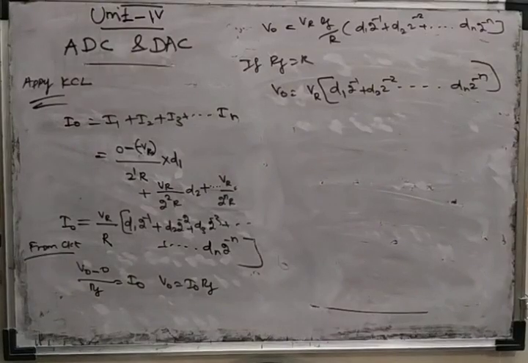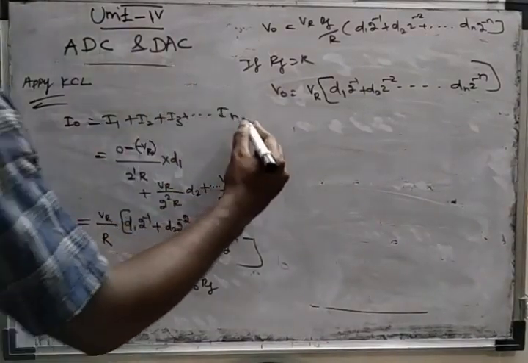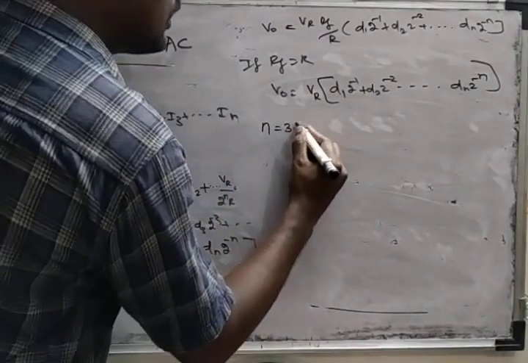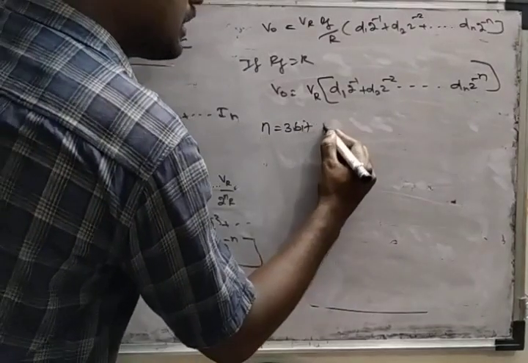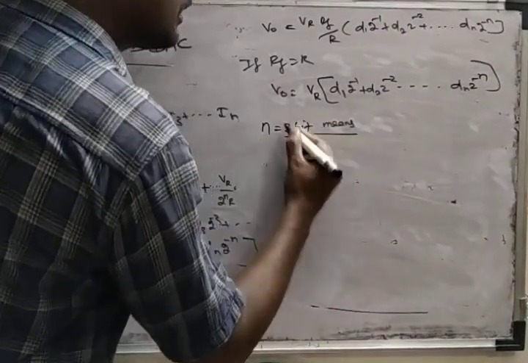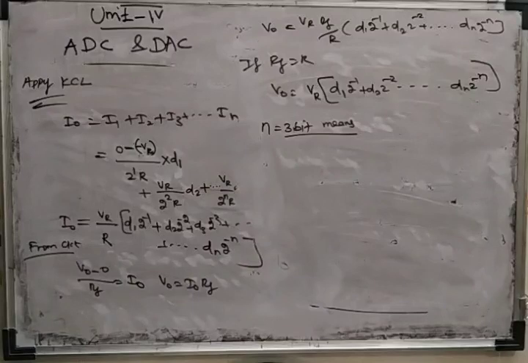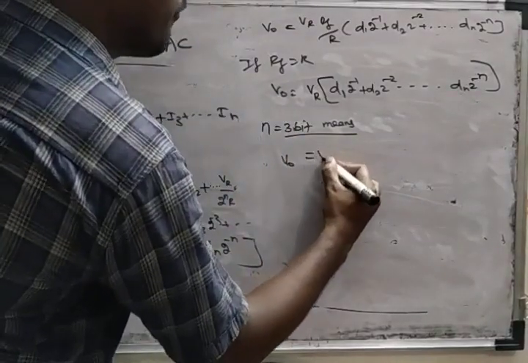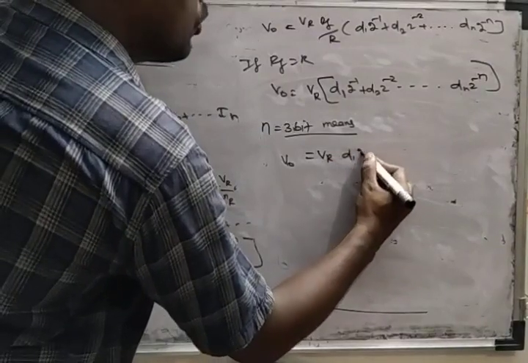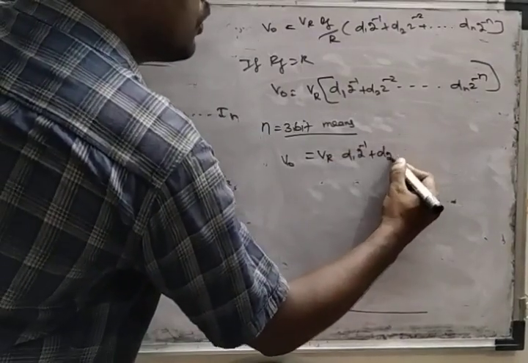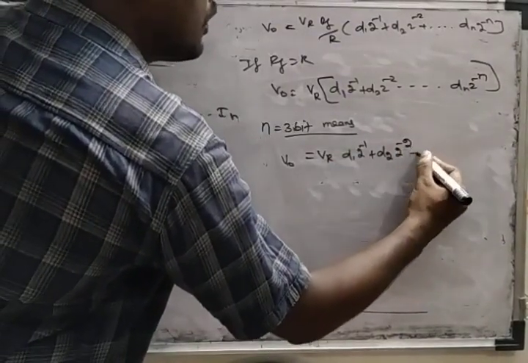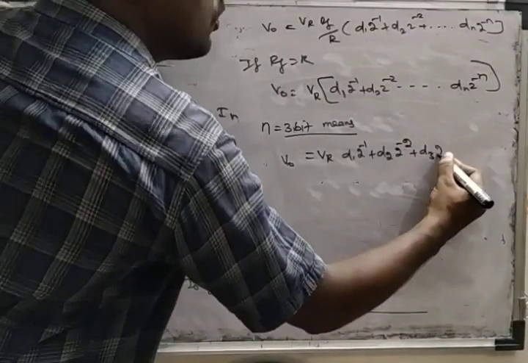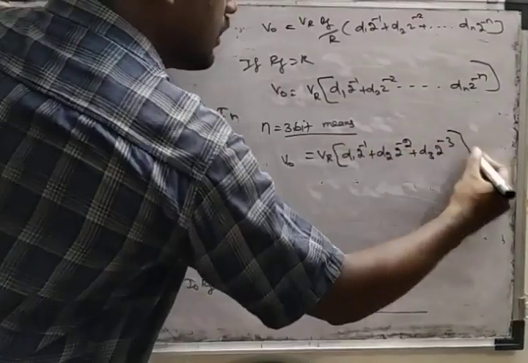If you assume n equal to 3 bits, then V0 is equal to VR into D1 2 power minus 1 plus D2 2 power minus 2 plus D3 2 power minus 3.